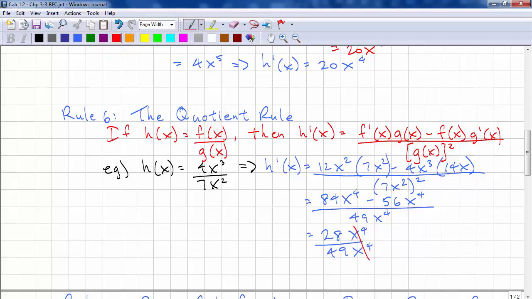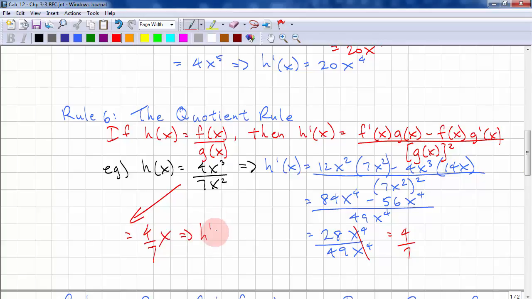We cancel out the x to the power of 4. 28 and 49 has a common factor of 7, so that's 4 over 7. Okay, let's look at this simplification. We get 4 over 7x.